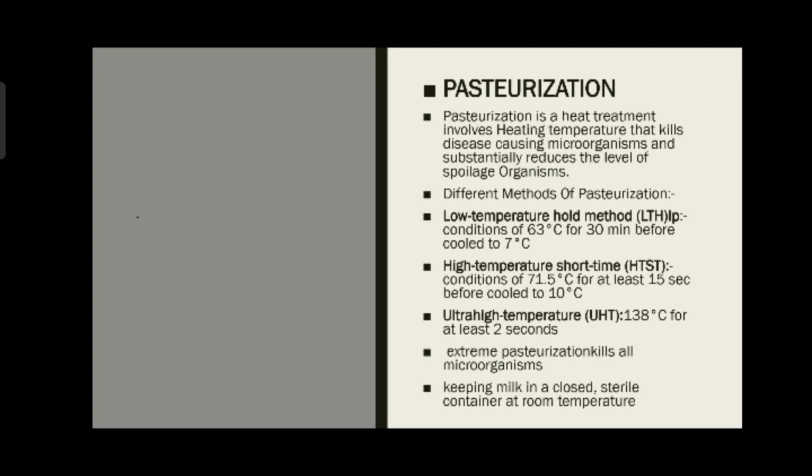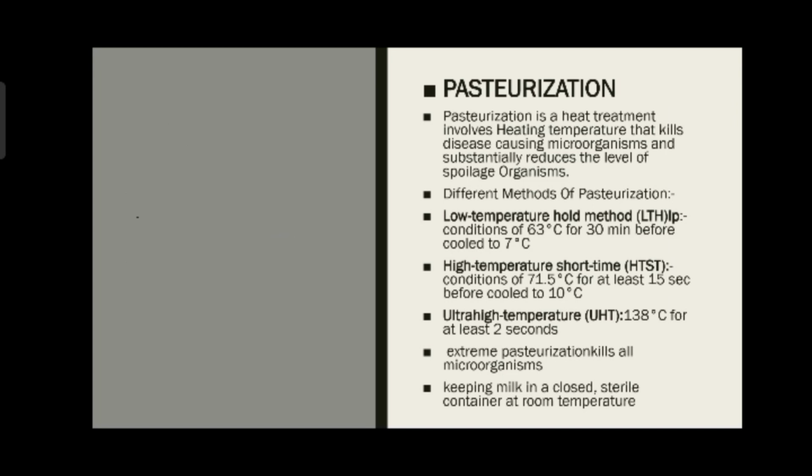The other method is ultra high temperature pasteurization, where the milk is exposed to the temperature of 138 degrees Celsius for 2 or more seconds, which preserves the milk for longer shelf life even without refrigeration.